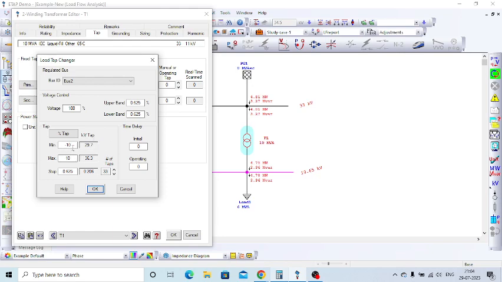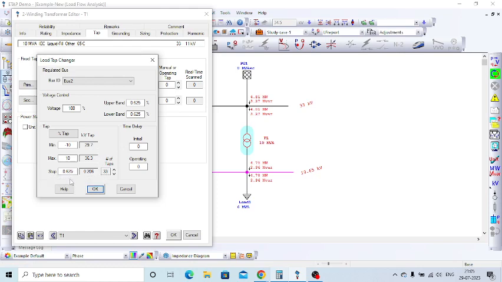When the minimum tap is operated to tap position 10, the voltage on the 33 kV side can be 29.7 kV. On the maximum side it is 36.3 kV. The step size is available here, this is the step size, 0.625. This is one typical value.